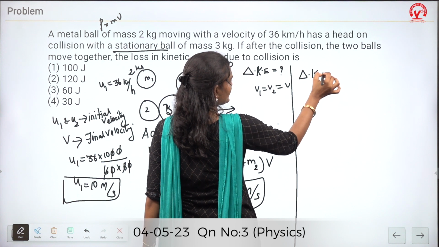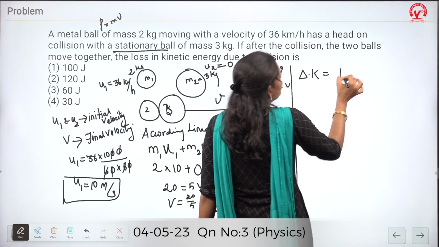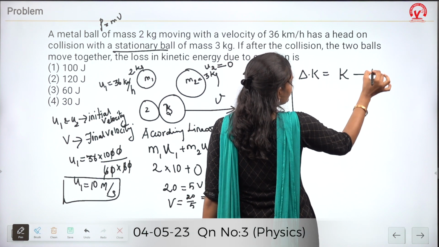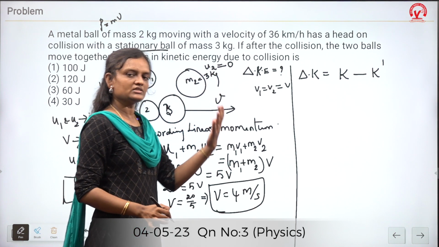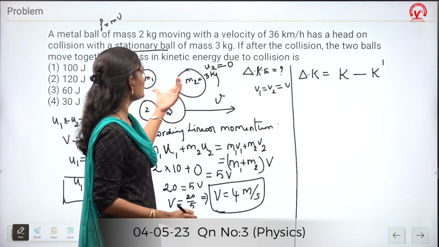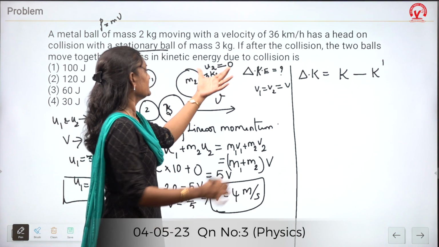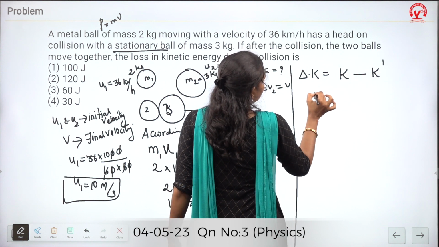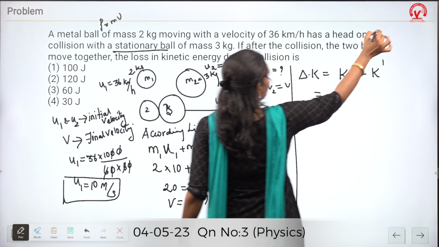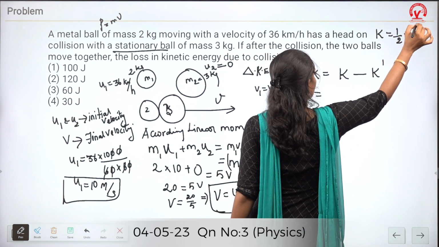Loss in kinetic energy is nothing but initial kinetic energy minus final kinetic energy. In the initial kinetic energy, we have two masses, M1 as well as M2, and the final kinetic energy is K dash. We know the kinetic energy formula K is equal to half mv square.